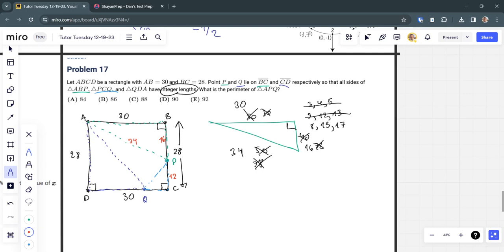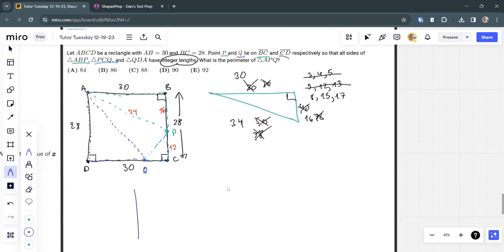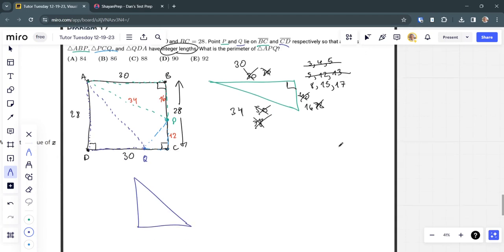But let's focus on another triangle here. So we can try with this triangle here, again starting with a 3, 4, 5 triangle. Let me draw it out here. 3, 4, 5.